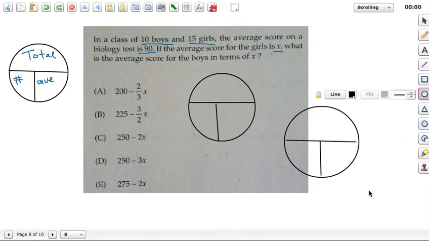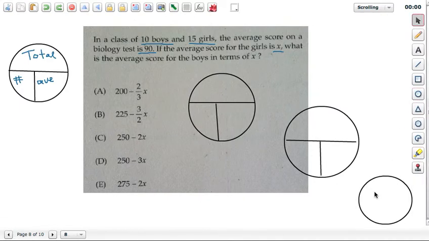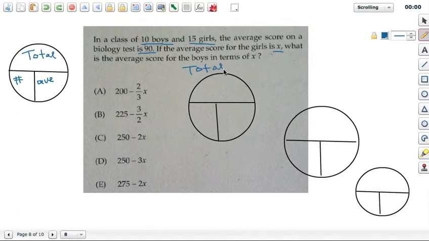And let me create one more for the boys. Okay, this is the total, entire class. Total for the class. This is only the information for girls, and this is the information for the boys.